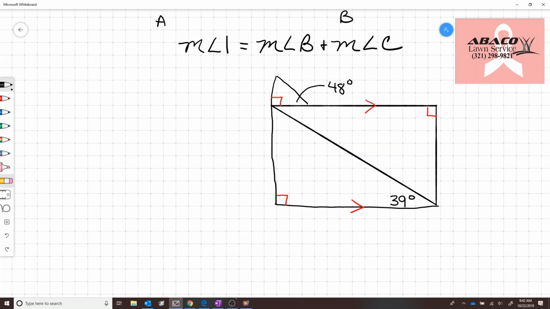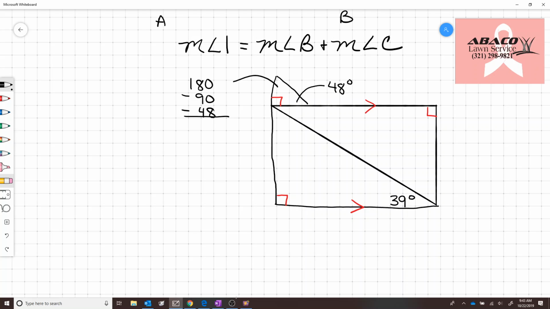So let's start with this little triangle up top. You know two of the angles, so this third angle is going to be equal to 180 minus 90 minus the 48 degree angle that's given.